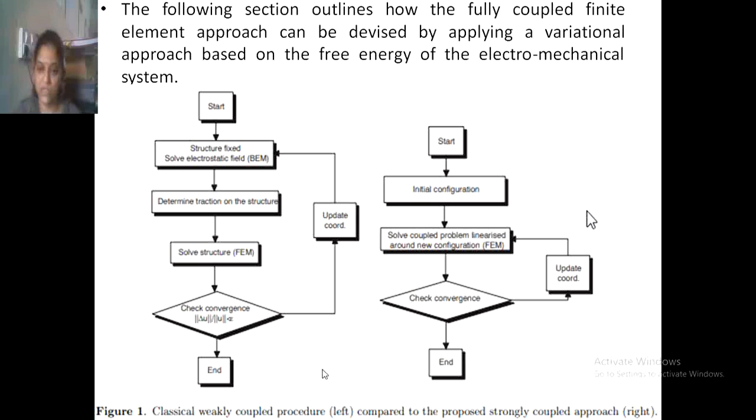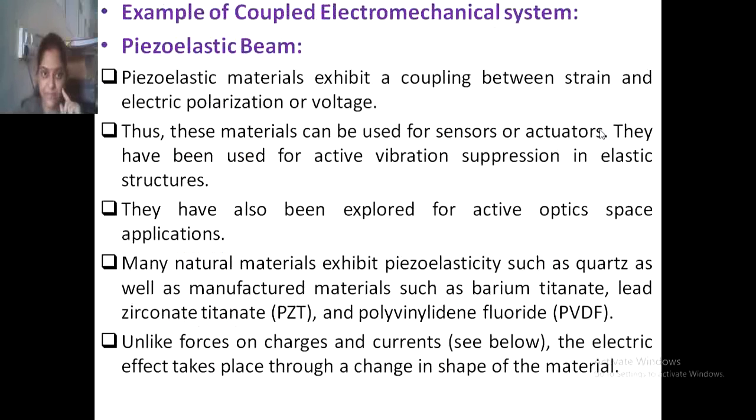Then check the convergence, and if there is a mismatch, update the configuration and once again solve the coupled problem linearized around the new configuration, after which the procedure stops. So this is nothing but the fully coupled finite element approach devised by applying a variational approach based on the free energy of the electromechanical system.